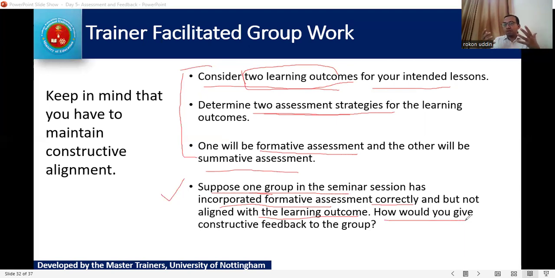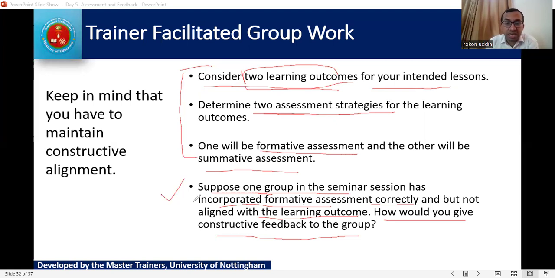You know that you always give feedback to the other presenting group. So here you have to give feedback to that group 1A. So group 1B can give feedback on the work of group 1A, identifying the strength and weakness.